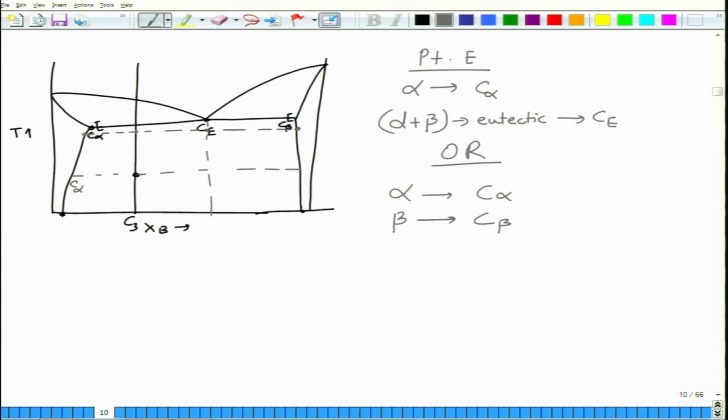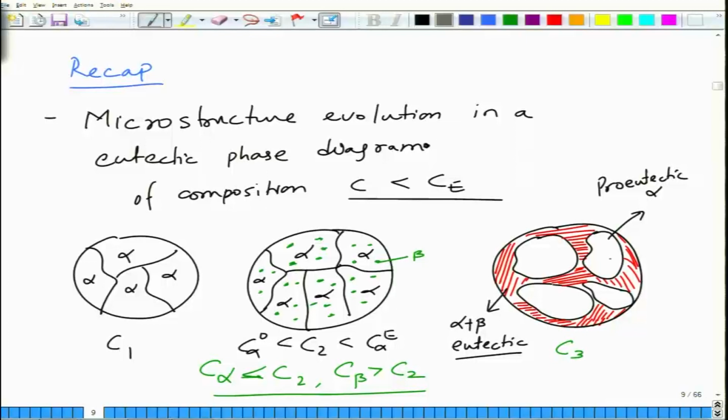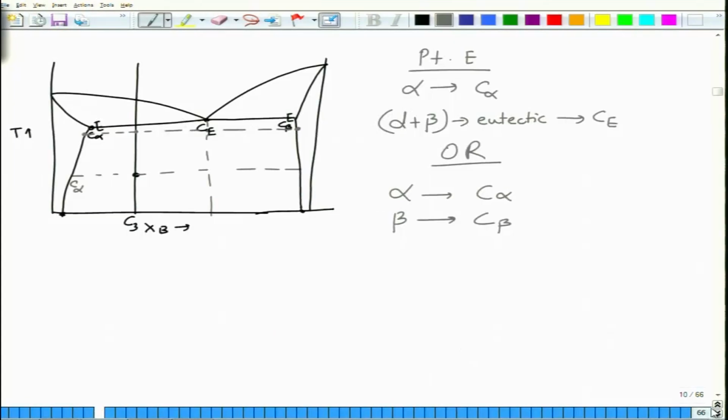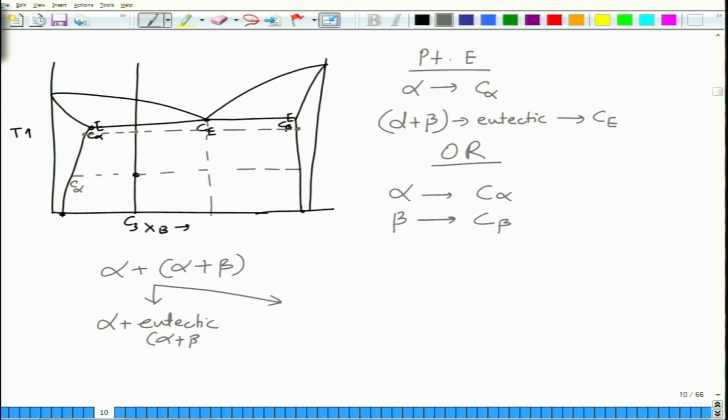At point E, the microstructure in the previous picture is a mixture of alpha plus beta, which can be described in two ways. The first way is alpha plus eutectic, where the eutectic is alpha plus beta, or you can simply say it is alpha plus beta.